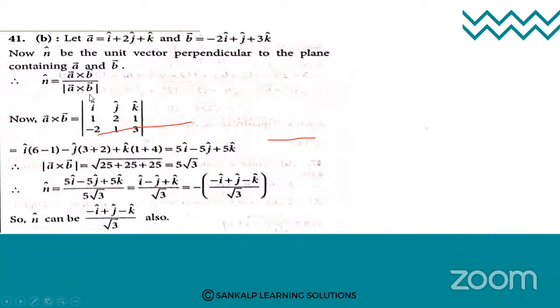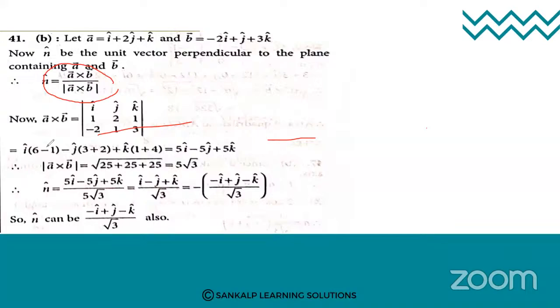So the unit perpendicular n will be equal to the cross product, and then divide by the mod of the same, so cross product divided by its mod.